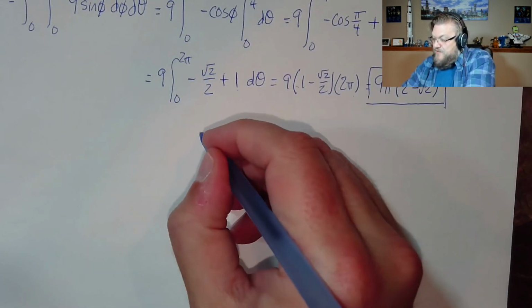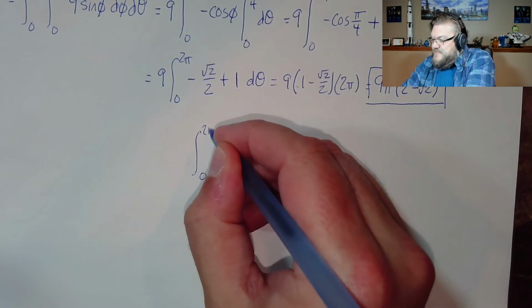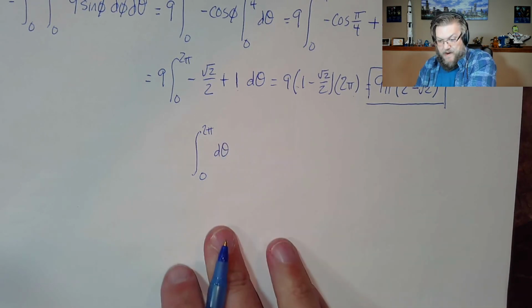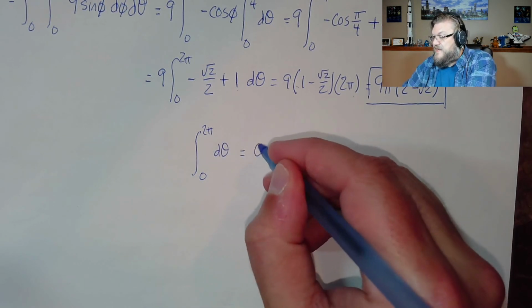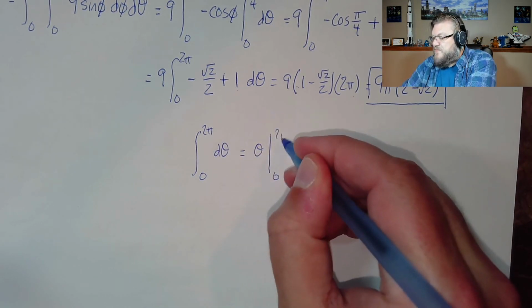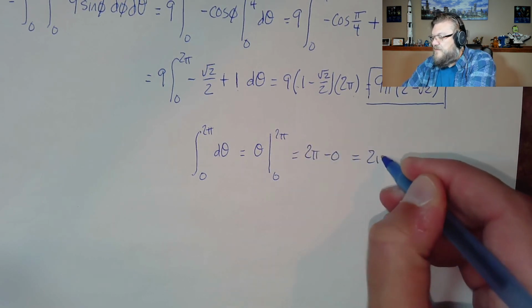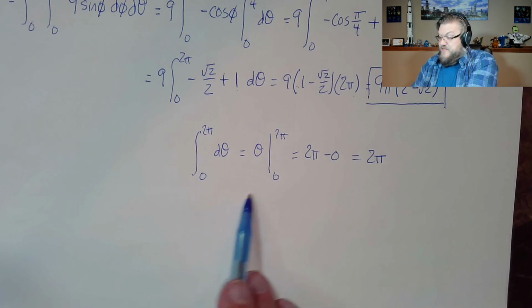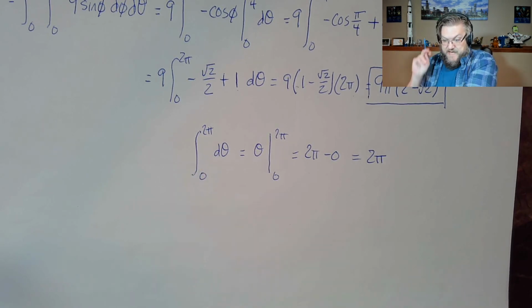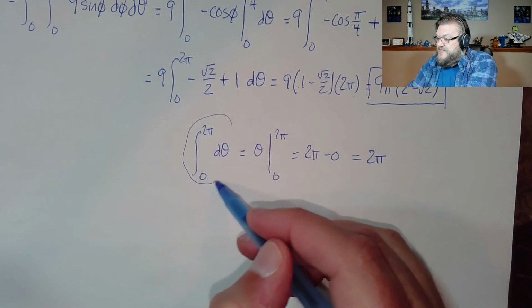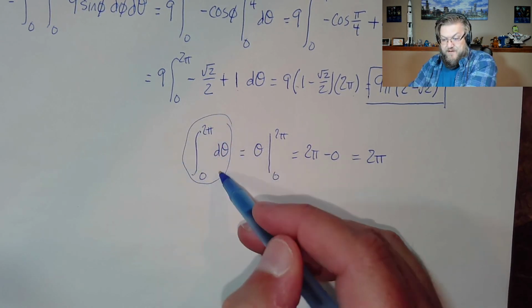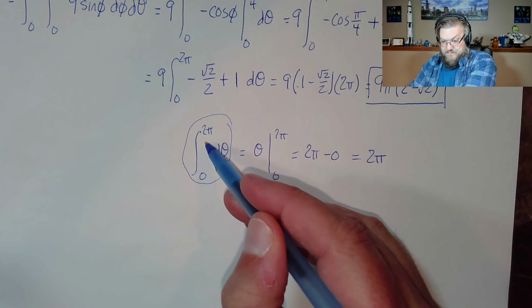Let me do it out the regular way. I did get to something like this, right? So this would be θ evaluated from 0 to 2π, which would be 2π minus 0, which is 2π. So it's quote unquote easy, but I really love the shortcut of recognizing, oh, this integral is the length of the interval.